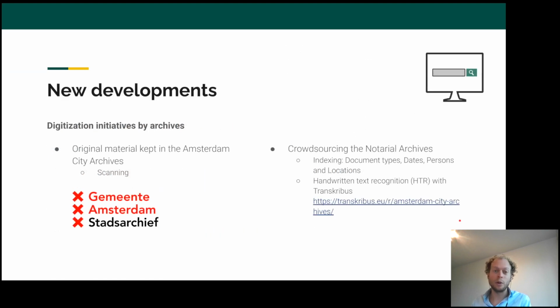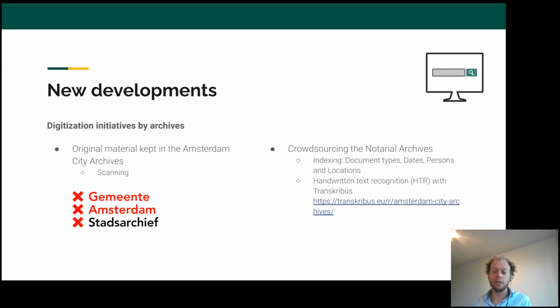Montias passed away in 2005, and since then, a lot has happened in archives, especially in the Netherlands. New digitization initiatives are launched by archives, and the Amsterdam City Archives, which is the origin of most of Montias' data, have started a mass digitization procedure. They are now scanning their material and making it digitally available.